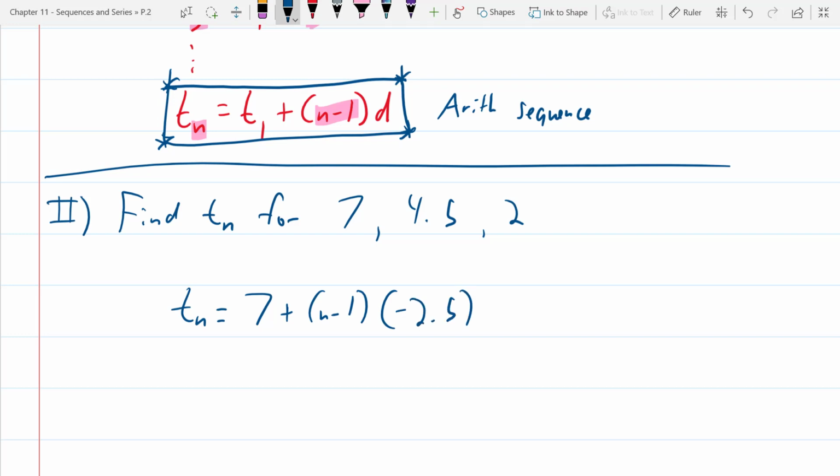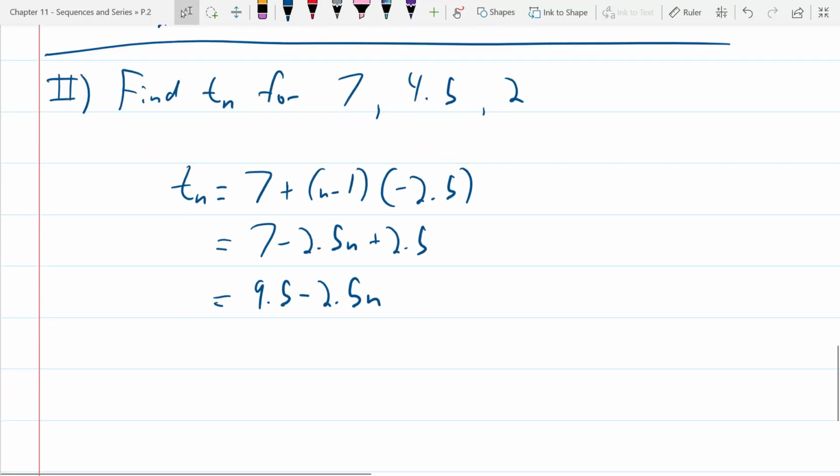Now, we're not going to leave it like that. We're going to simplify 7 plus, which would actually be minus, we're going to distribute 2.5n plus 2.5, which is equal to 9.5 minus 2.5n. Or if I put that in linear form, negative 2.5n plus 9.5.